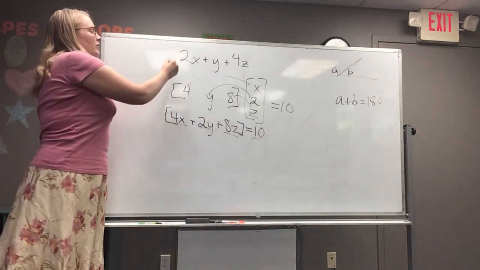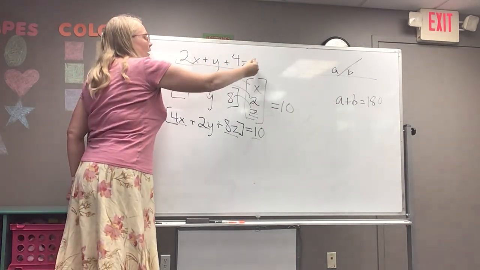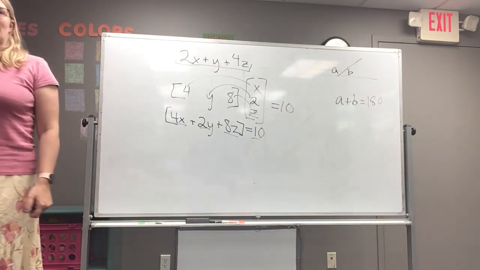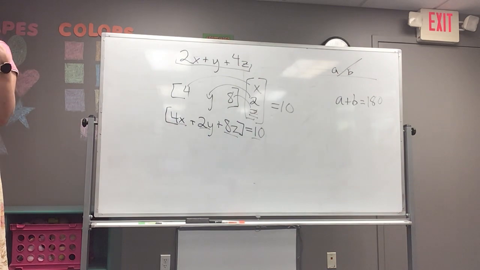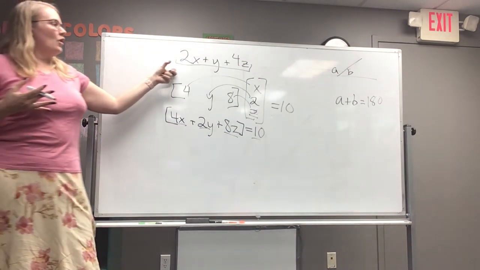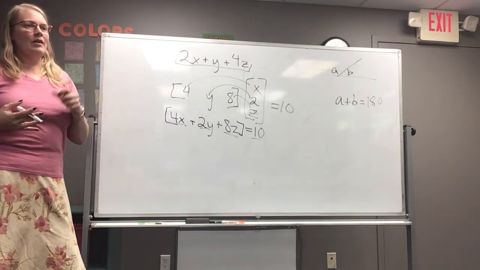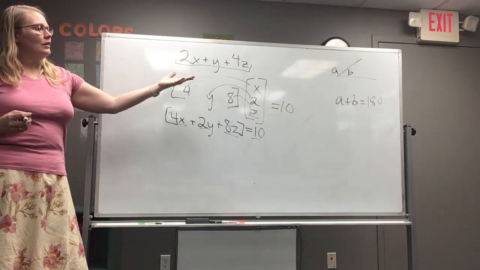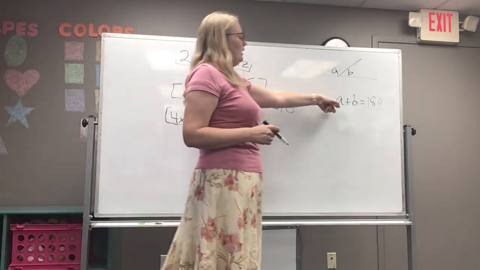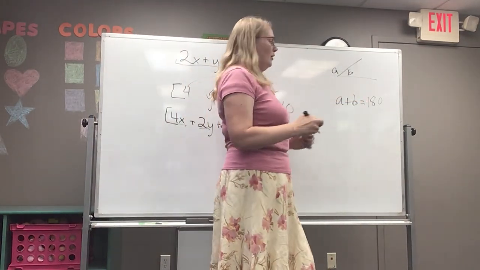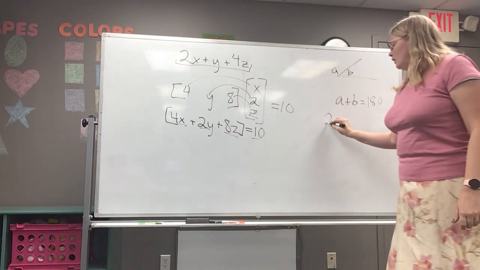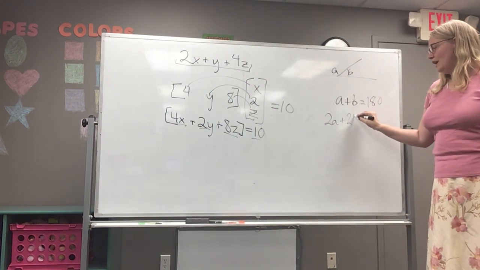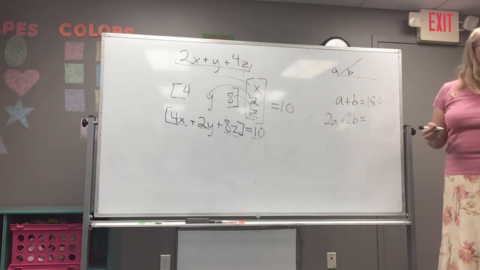They ask us to find 2x plus y plus 4z. Again, we don't need to know the variables as individuals. We need to know all together they make this thing. And so what we're looking at is not what individually A and B are, but if I asked you for 2A plus 2B, what would it equal?